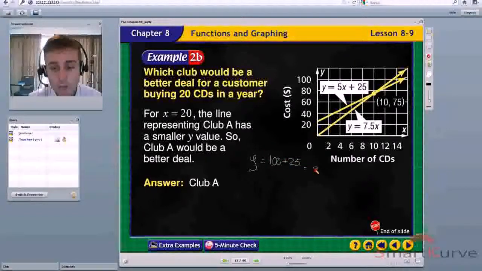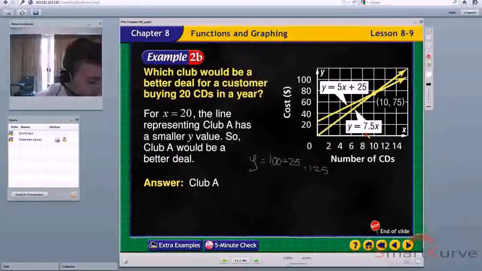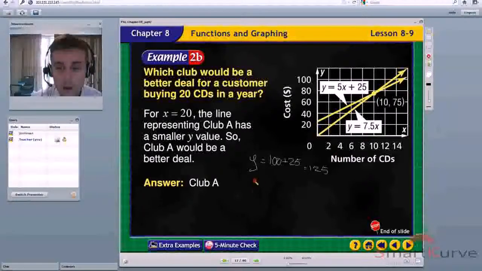So the cost would be 125. For Club B, it would be 7.5 times 20. y equals 150. Club A is the better deal. Club A is cheaper. It would be less expensive to buy 20 CDs at Club A than Club B.